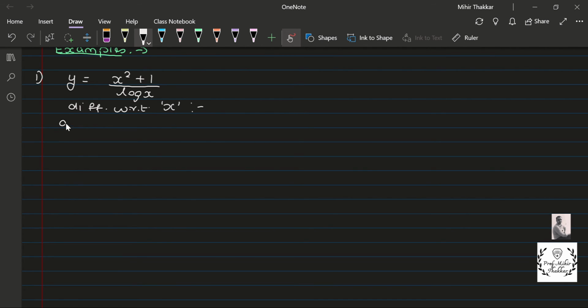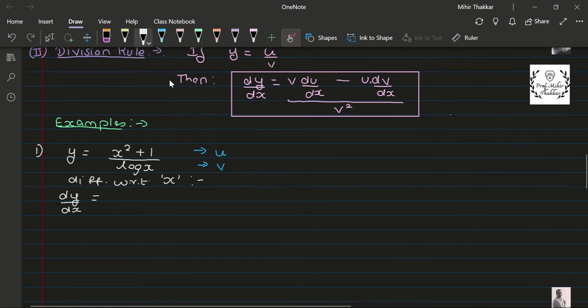Derivative of y, as you know, it is dy by dx. And when we are solving, I will assume that this is u and this is v. You already know the formulas. I have to take v into derivative of u minus u into derivative of v.